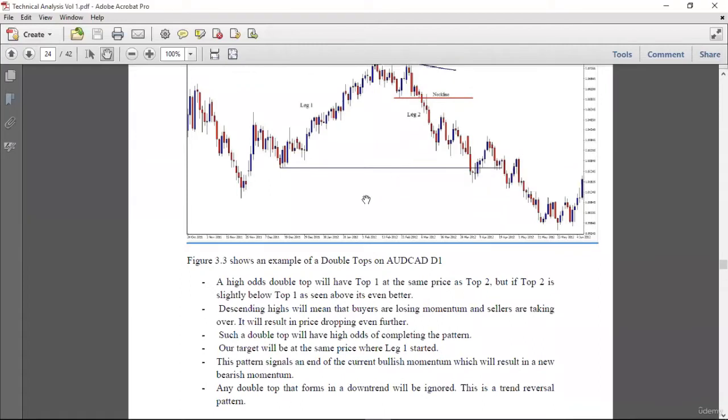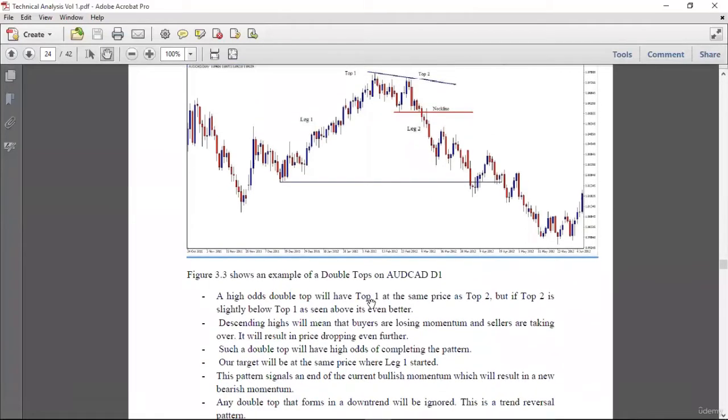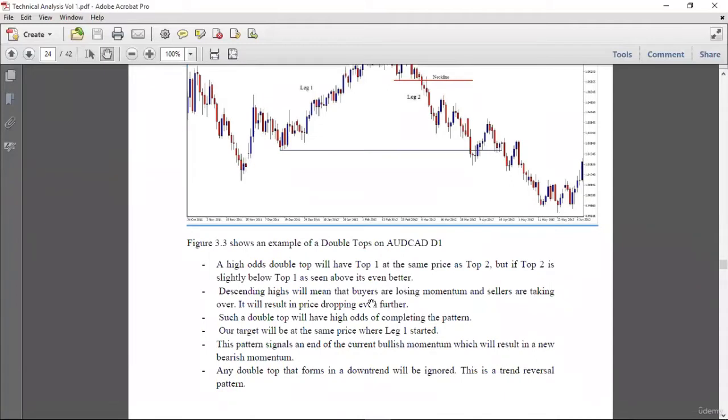A high odds double top will have top 1 at the same price as top 2. But if top 2 is slightly below top 1, it's even better. Descending highs mean that buyers are losing momentum and sellers are taking over.